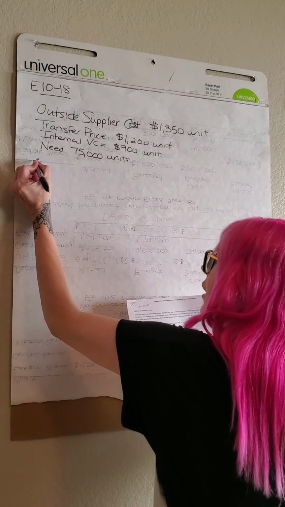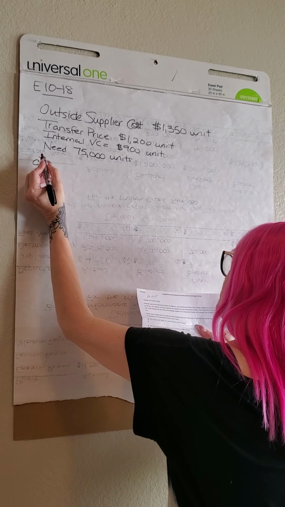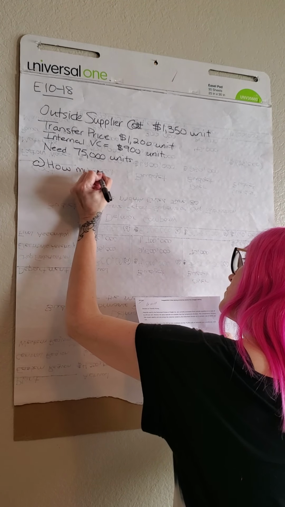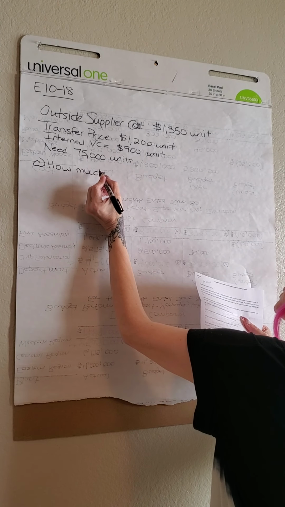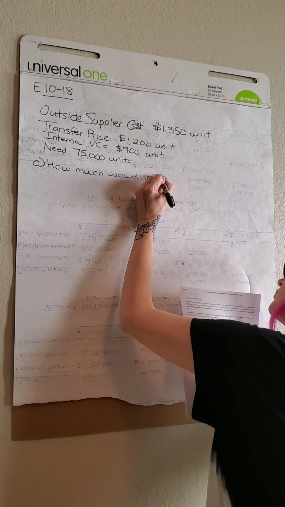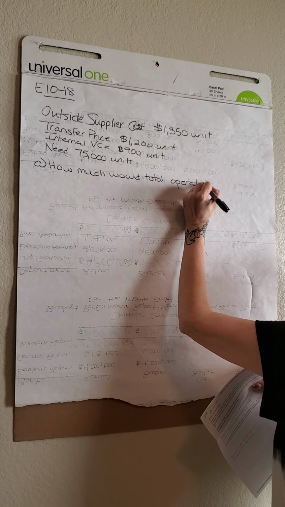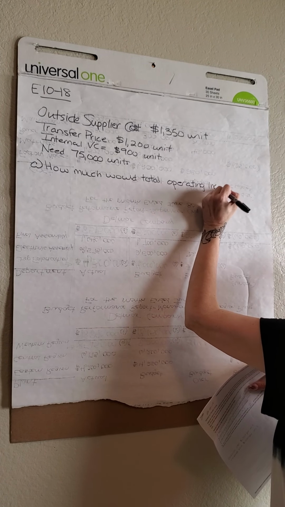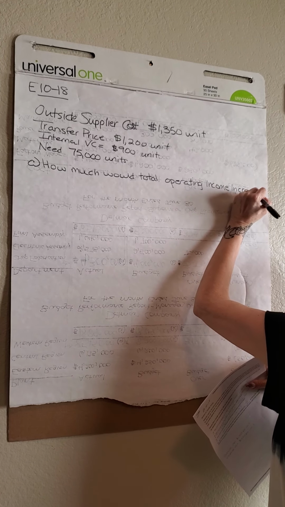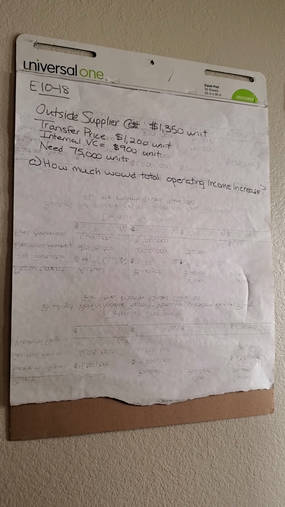So for A, how much would total operating income increase?